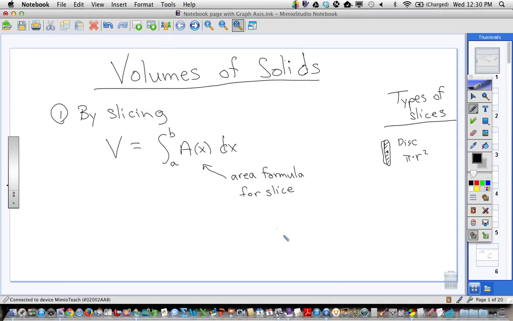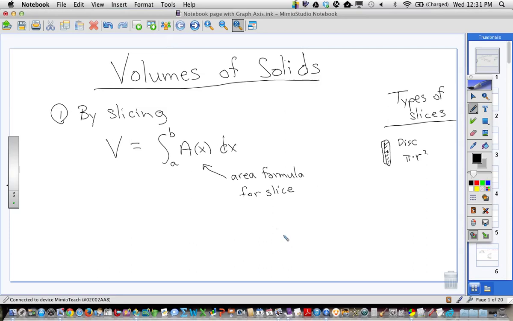If you look at this thing here, every slice I make going this way is going to be circular shaped, like what we call cross sections. As long as that's true for that figure, then we can use this technique. So what we're talking about right now are things that have circular type slices.